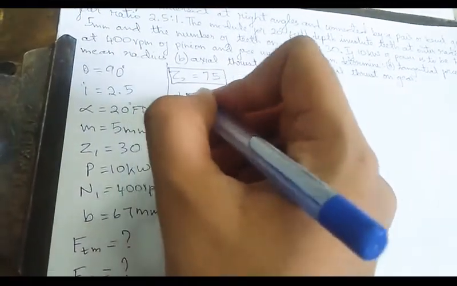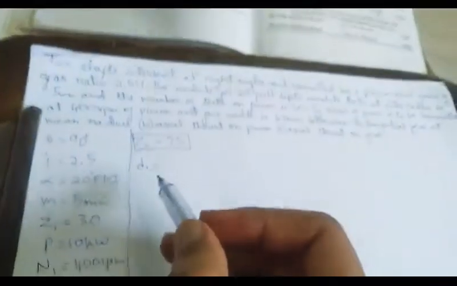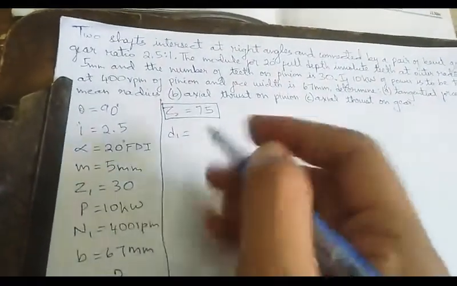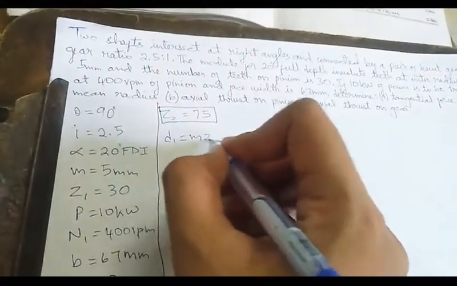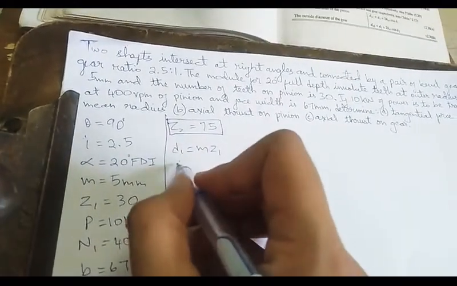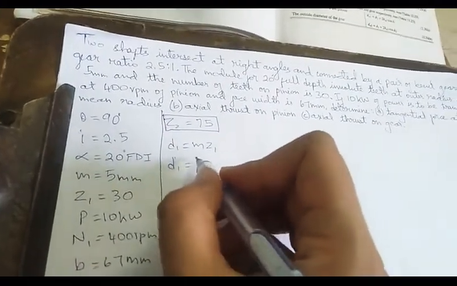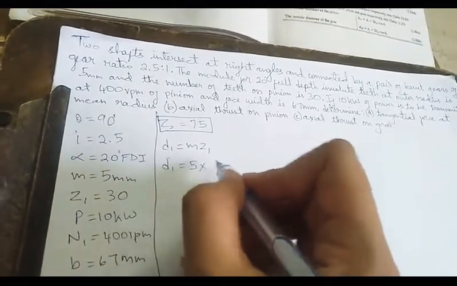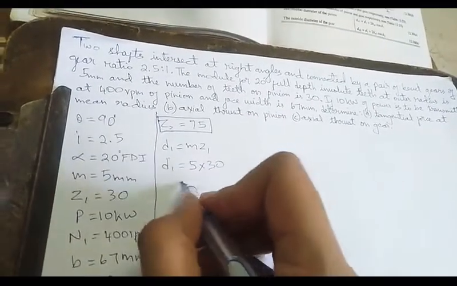Now we shall find the diameters. Since we have a module, we can easily find the diameters. D1 is equal to m z1, and similarly D2 equals m z2. So D1 is equal to module 5 mm times Z1 which is 30.